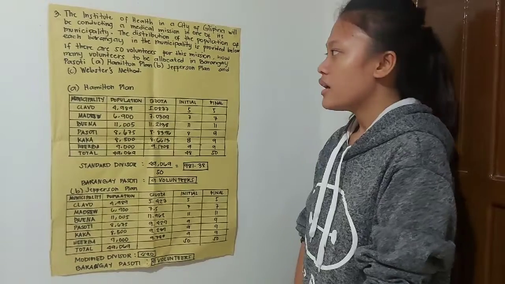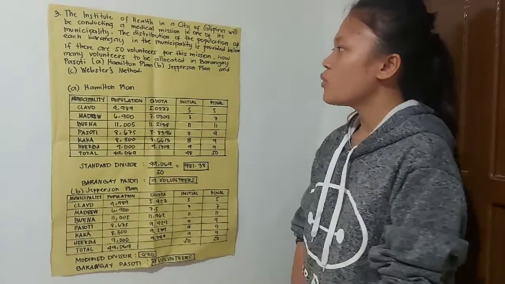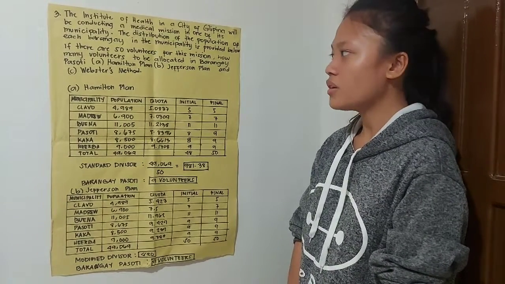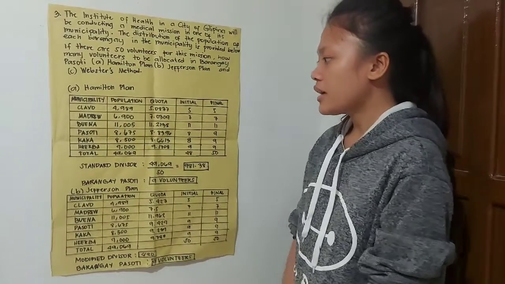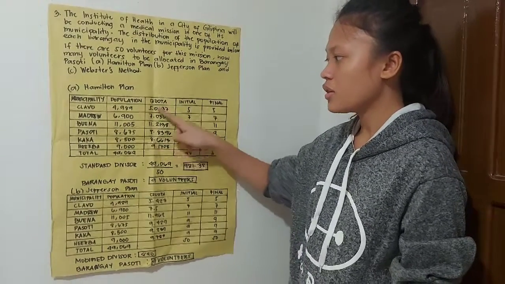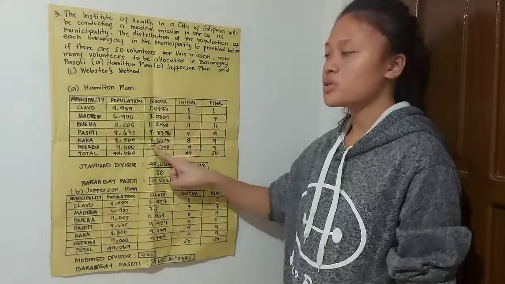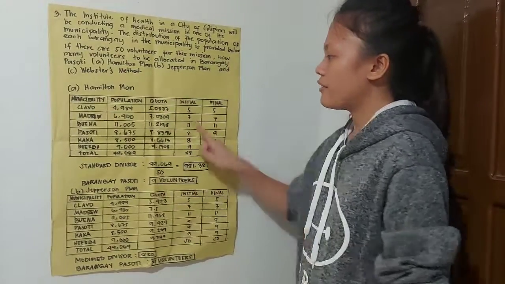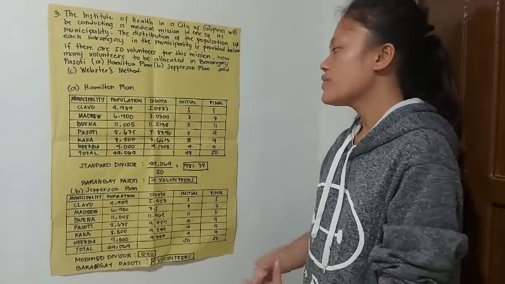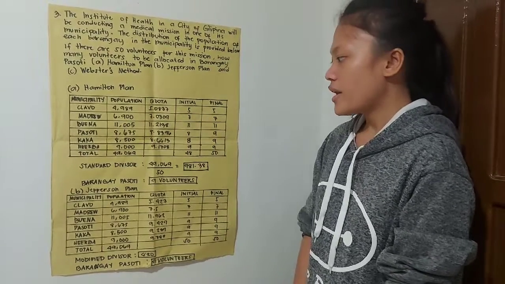And now, in knowing how many volunteers there are in each municipality, we need to get the first numbers, or the first and second numbers of the quota. For the municipality of Calavo, we have 5. The Dumadro, we have 7. The Buene, we have 11.